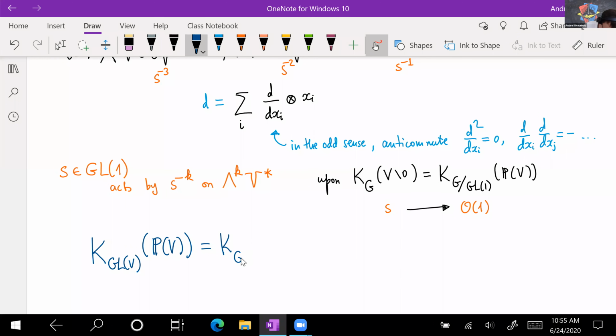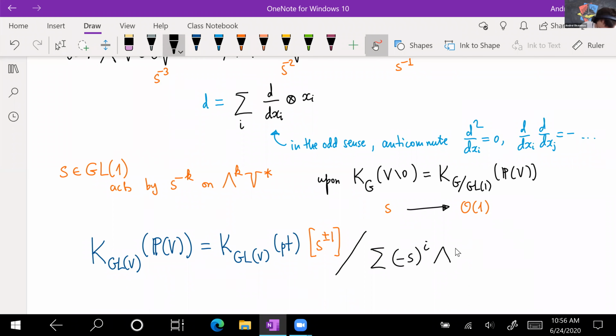You take the GLV equivariant K theory of a point, and you adjoin one variable together with its inverse. This is for O(1), which is a line bundle, so its inverse is also in here. And we mod out by the relation that the summation of (-s) to the power i times the exterior power Li of the defining representation is 0. Okay, so that's the computation.